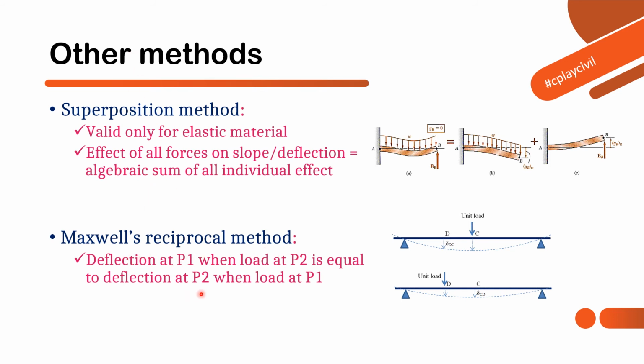So these are some of the methods that need to be studied in the slope and deflection of beams. Now let's see the important formulas that we have to remember.